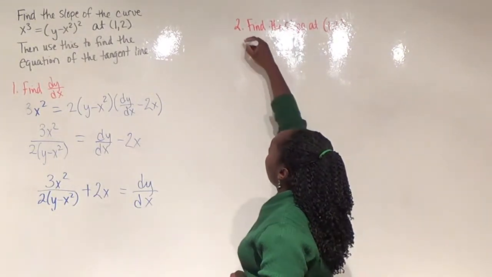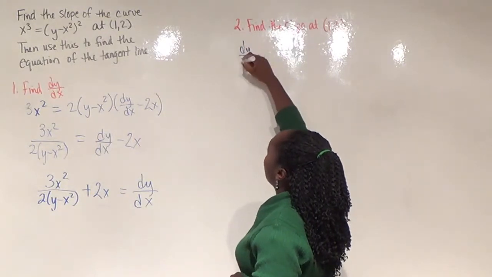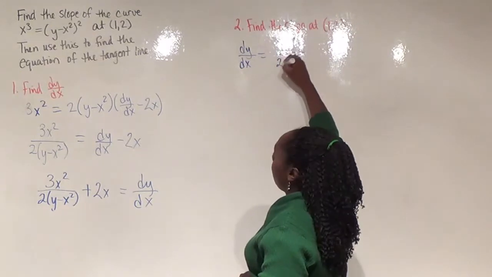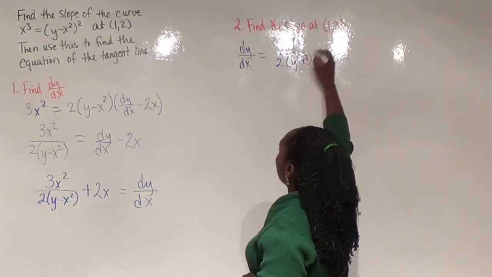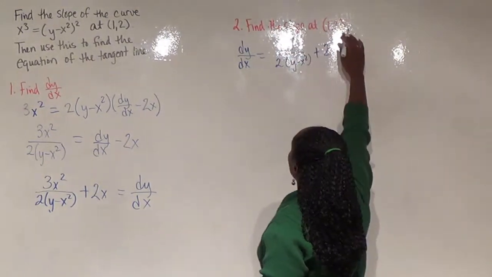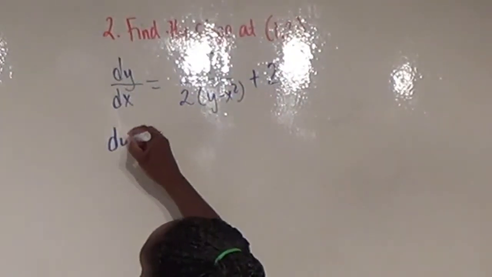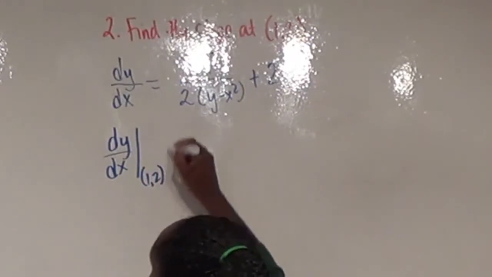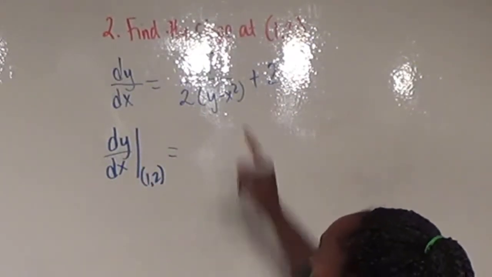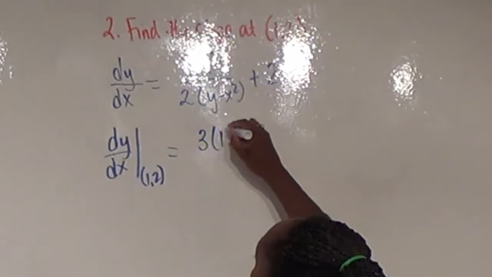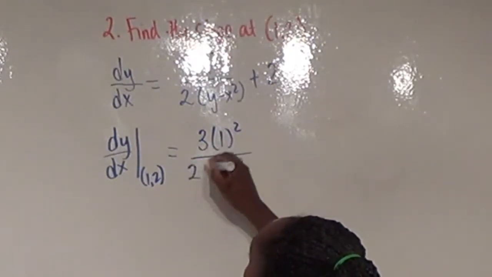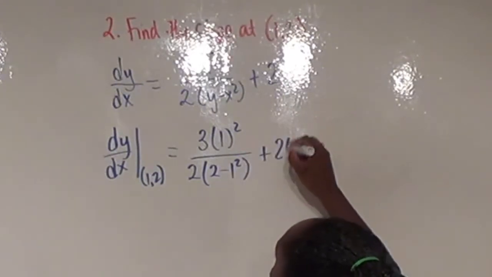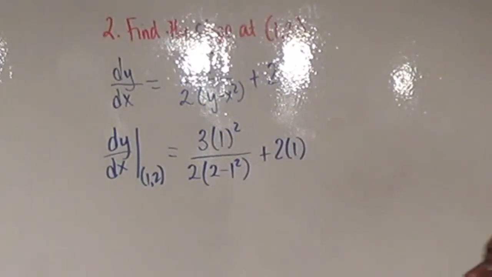Okay. So here, again, we know that dy/dx is 3x squared over 2(y minus x squared) plus 2x. So our slope, in other words, dy/dx at the point (1, 2), is going to be 3 times 1 squared over 2 times (2 minus 1 squared), plus 2 times 1. Okay.